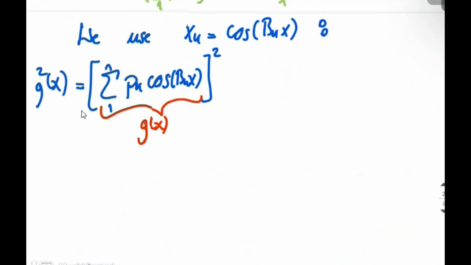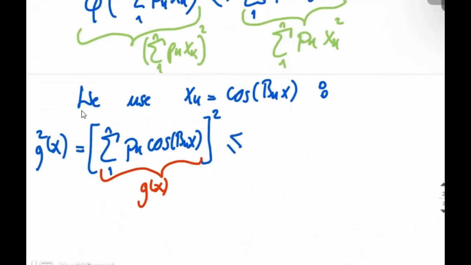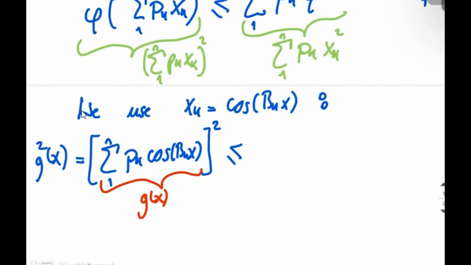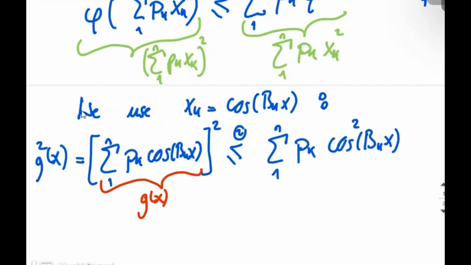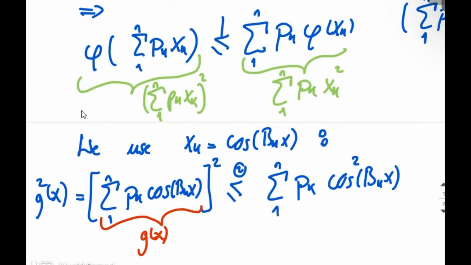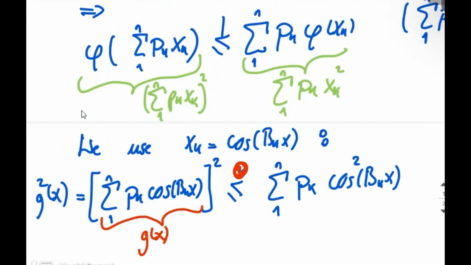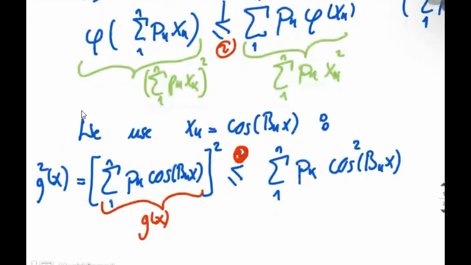Okay, so this is smaller or equal, according to our fact number 2, to the summation of pk from 1 to n of cosine beta kx, and this is of course squared. So maybe we want to mark it as well. Let's give it a mark, number 2, and here as well. So just to make it clear how we arrived at this point.